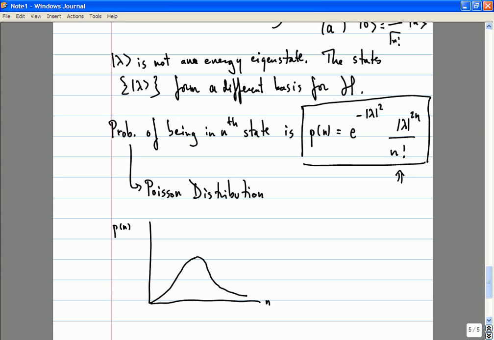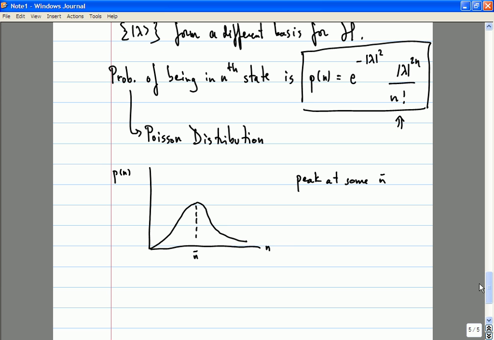So you'll expect that there'll be some local maximum, so that there will be a peak at some value of n, which I'll call n bar. So the coherent states are not exactly energy eigenstates, but in terms of the energy eigenstate basis, they're peaked around some finite value of the energy.